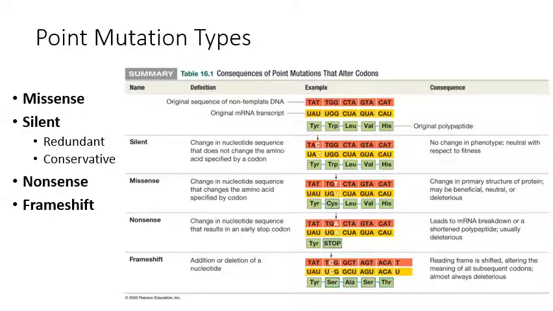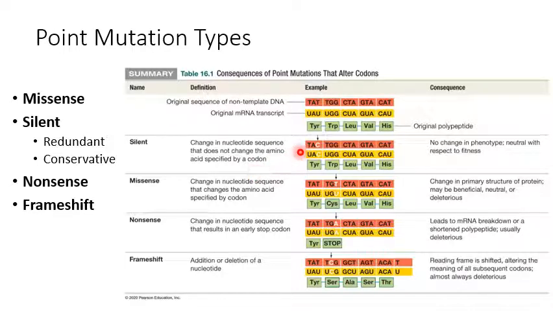In a silent mutation, you have a change in the genetic sequence, but it doesn't result in a change in the protein. So here you start with a TAT as your first codon in the DNA, in your original DNA.